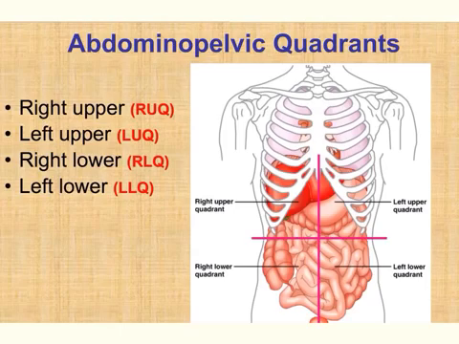And we will have the right upper quadrant, the left upper quadrant, the right lower quadrant, and the left lower quadrant. And as we see this, we can see what organs are found within each of these quadrants. So if an individual is examined and we see a tenderness in one of these quadrants, then we could estimate, before doing further tests, what are some possible organs that could be affected.